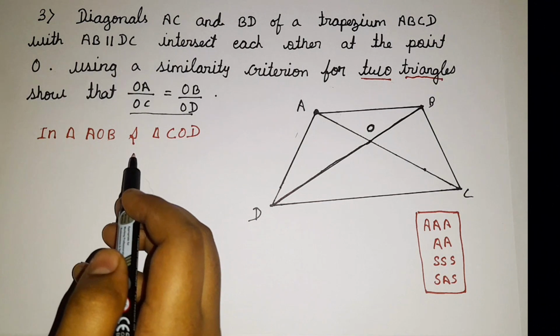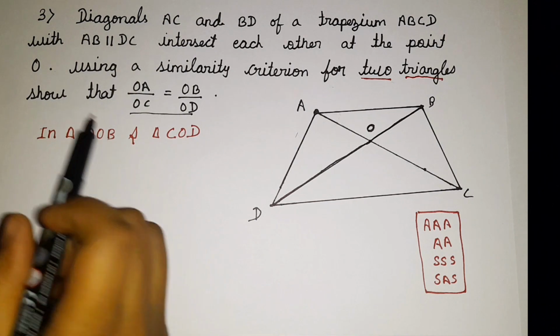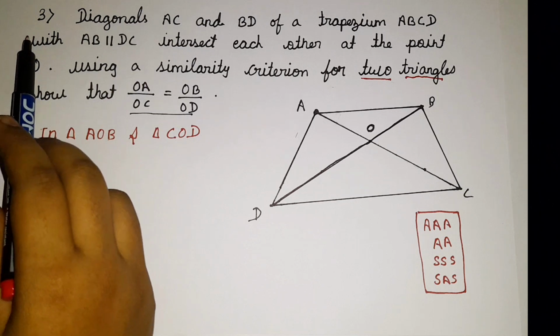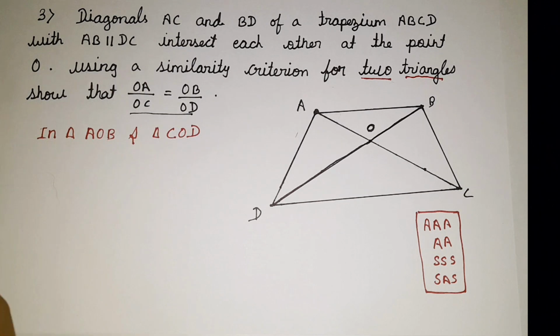From this question, the third question, we are going to be using criterions. For that we are going to check whether we have common values, vertically opposite angles, or interior alternate angles or exterior alternate angles.